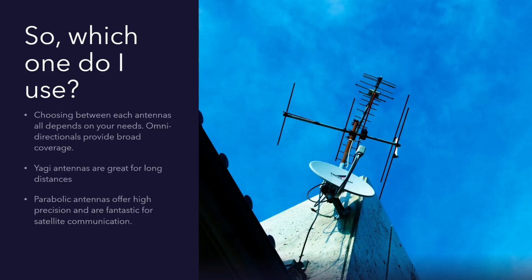So now that we have discussed Omni, Yagi, and Parabolic directional antennas, which one do we use? Choosing between each antenna all depends on your needs. Omnidirectional antennas are great for broad coverage with less range, for example, a home network. Yagi antennas are excellent for targeting distances or specific areas.